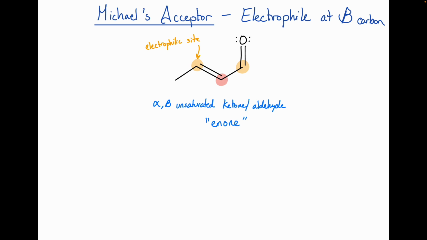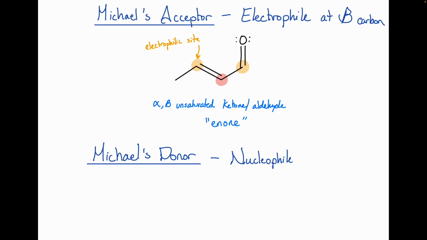All right. The Michael's donor. These are going to be our nucleophiles. All right, and this is the category that we're going to build on and expand next class period.